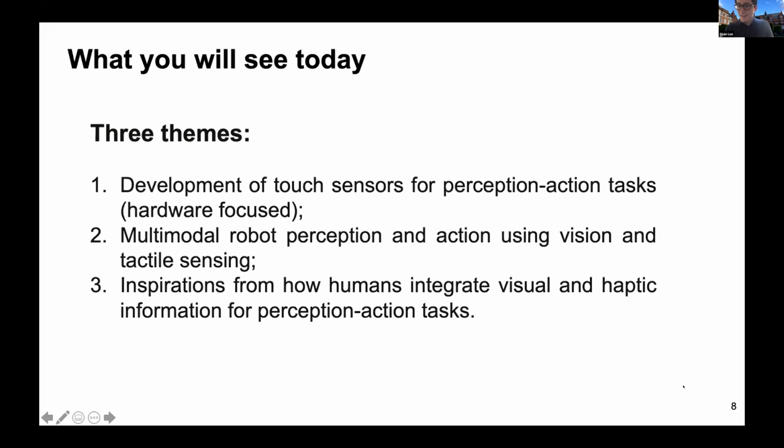Gordon, are you? Yeah, I'm not sure if I fully understand the question. What we were focusing on is a 3D reconstruction of the surface. And that gives you self-localization of every single point on the contact point.